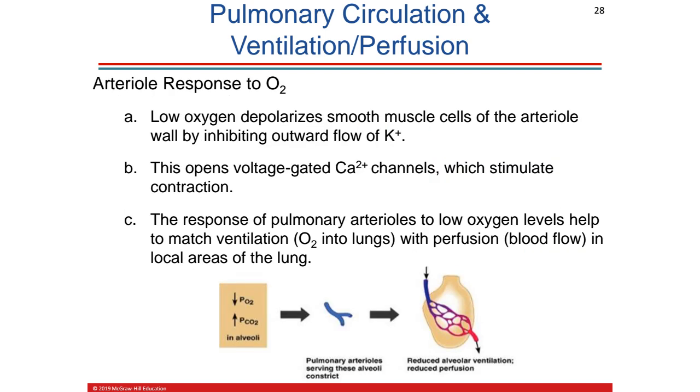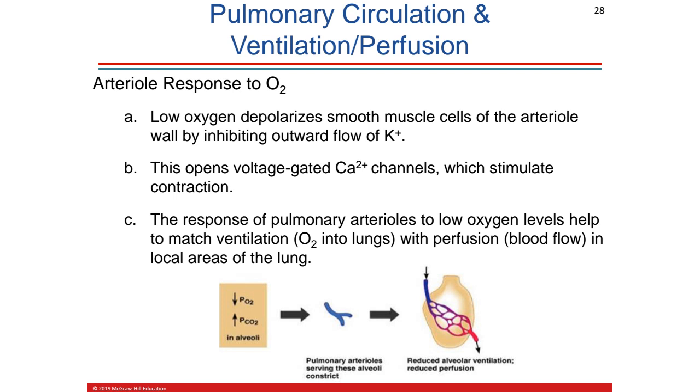So let's talk in a little more detail about how this actually happens. The low oxygen depolarizes smooth muscle cells of the arterial wall by inhibiting the outward flow of potassium. Recall that we have potassium leak channels, so potassium is normally leaking out all the time through many of the cells in our body.